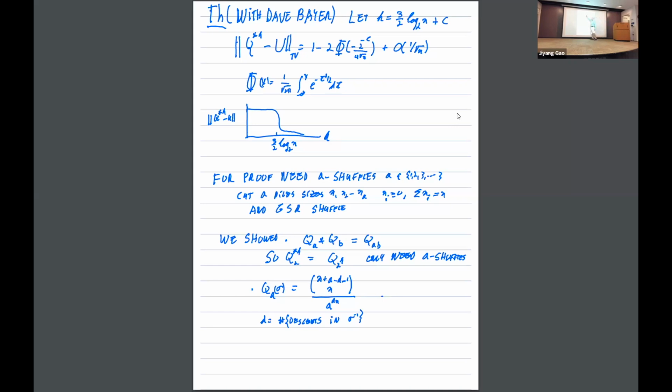the theorem says that that is describable, and it's a very good approximation. This is a formula for it: 1 minus twice the normal distribution evaluated at 2 to the minus c over 4 times the square root of 3, and then there's an error term. Here phi of x is the area under the bell-shaped curve to the left of x.